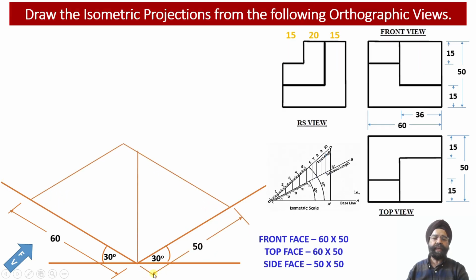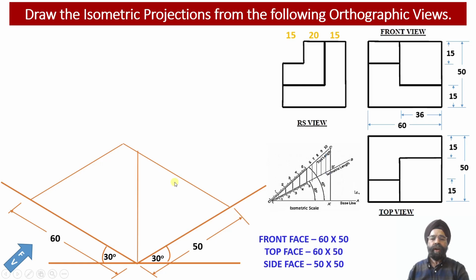Similarly, we are going to measure the width as 50 millimeter. Here we have been provided with the width of the solid equal to 50 millimeter, and this width has been provided alongside the z-axis.